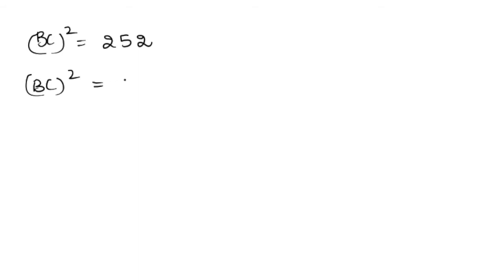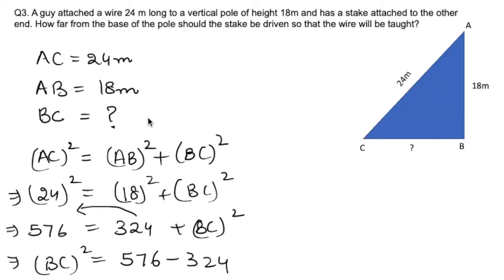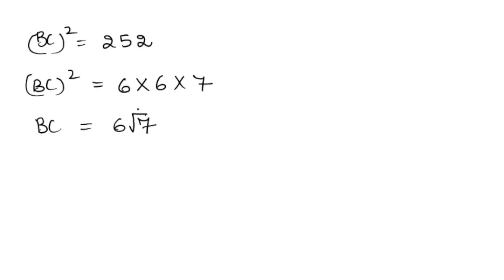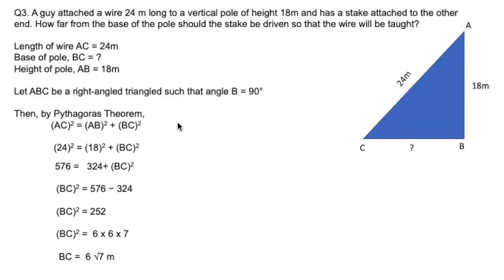We can write this as 6 multiplied by 6 multiplied by 7. Or we can also write BC is equal to 6 square root 7. And you are supposed to apply the units also with that. Since the units are given in meters, so the answer for this will be 6 square root 7 meters. So let us see the step-by-step presentation. This is the way you are going to present your answer in the exam.